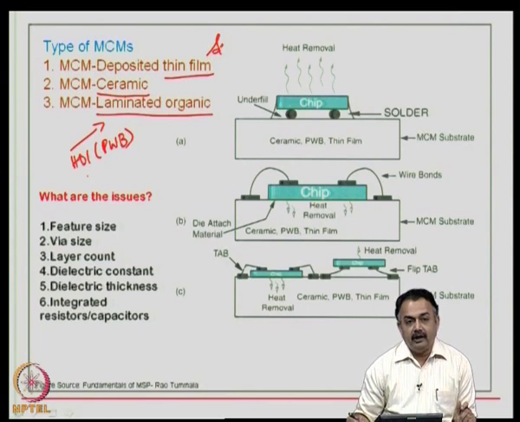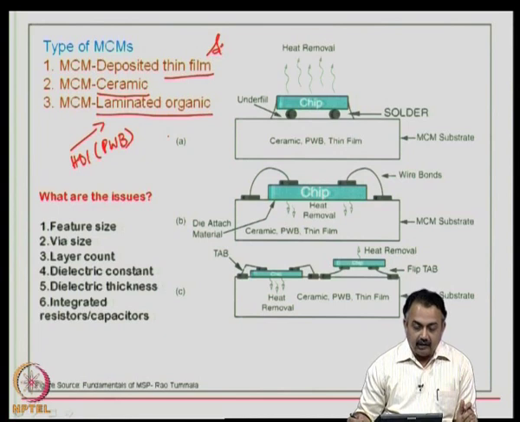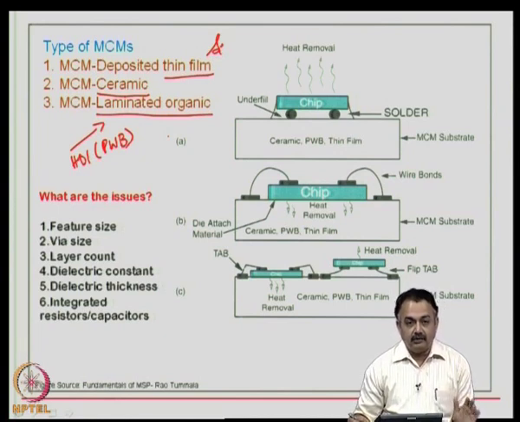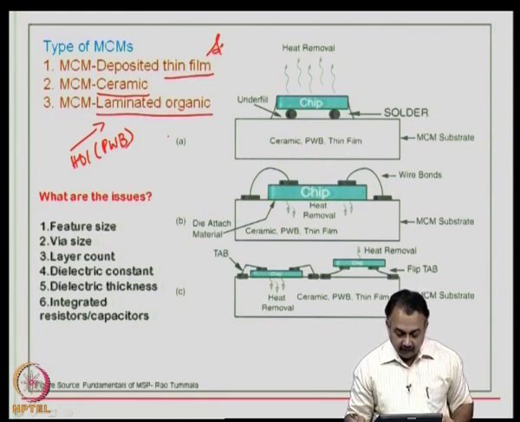It is only a high density system that we are building, because we are using organic substrates, and the process technology for MCM-L is almost similar to that of a high density or a multi-layer printed wiring board fabrication.